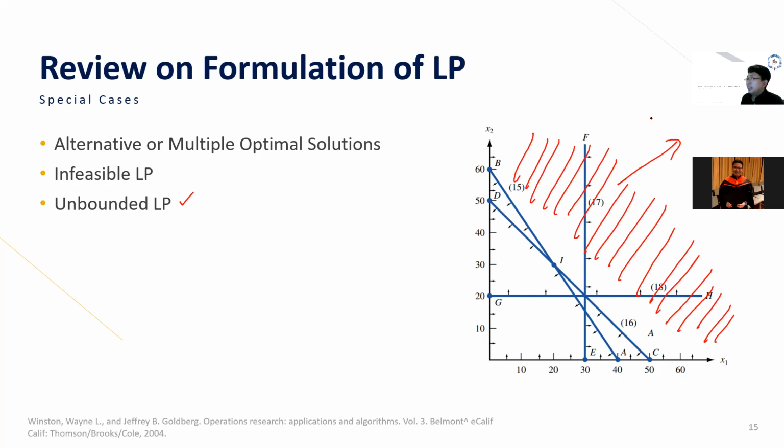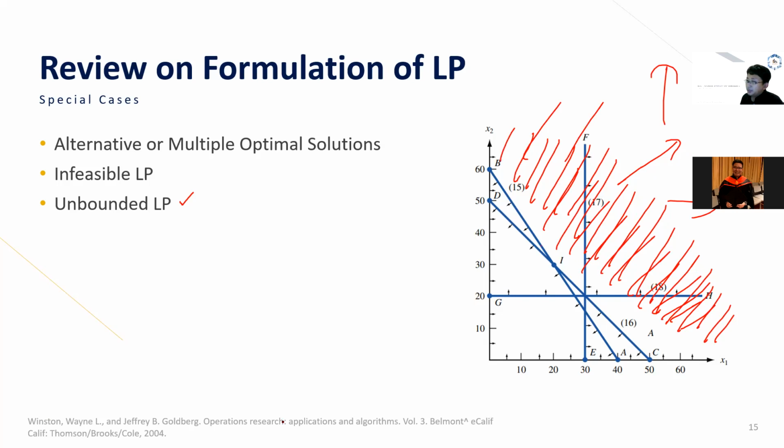I mean, the boundary that you make for this particular LP does not necessarily give you a particular solution. For example, let's say the feasible area is here, and there is no boundary to the right or to the top.